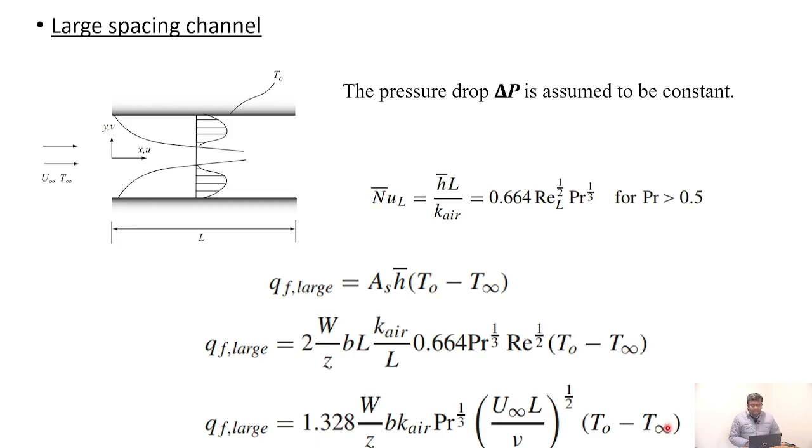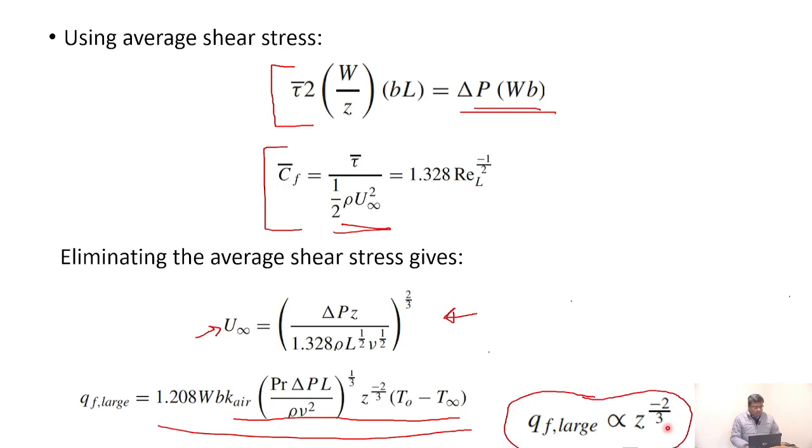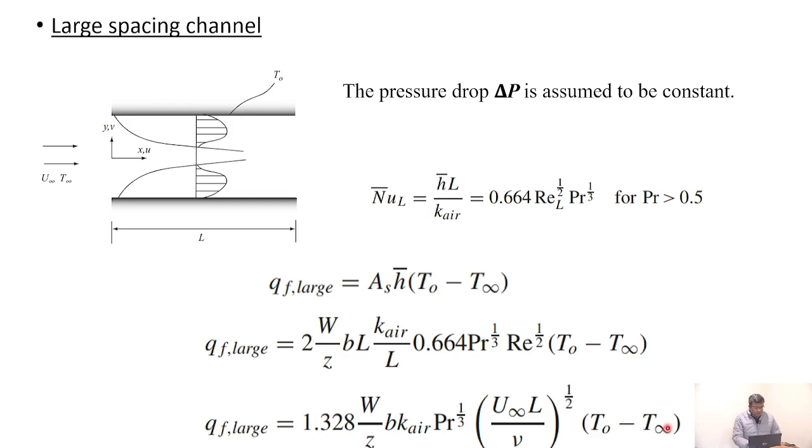And then we also have, okay, so let's remember this one. This has got U infinity and all that. U infinity L by nu. This is the kinematic viscosity, correct? This has got thermal conductivity of air. We are assuming it to be air.